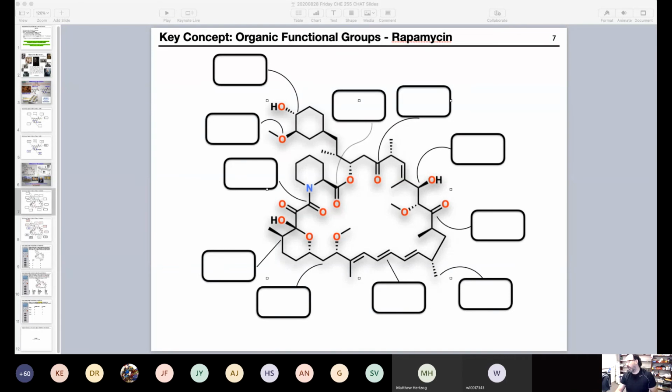Yeah, it would be tertiary, so it's a methine. So it's an alkane. It's a tertiary carbon, and methine. So there are all these different things we can classify it as.